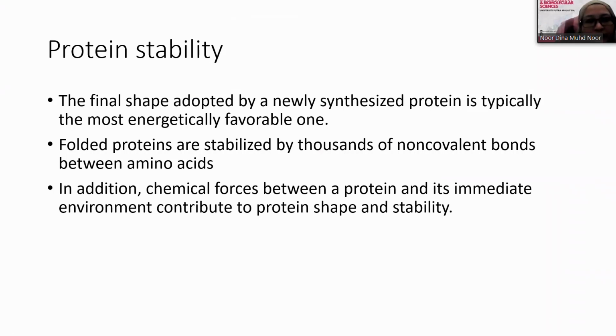This is what makes the protein stable. Once they are folded, these non-covalent bonds between one amino acid and the next, or to other amino acids in range, stabilize the protein.